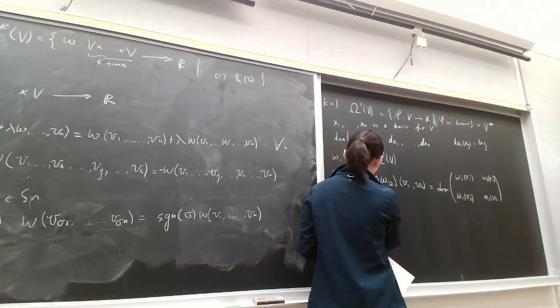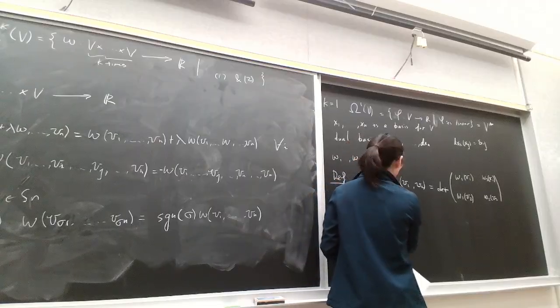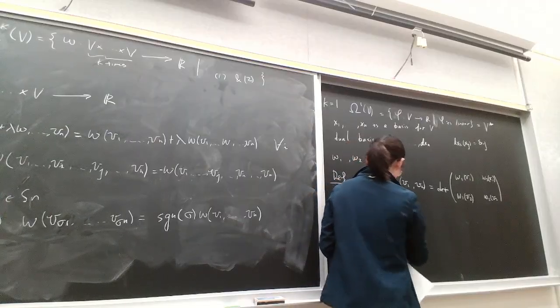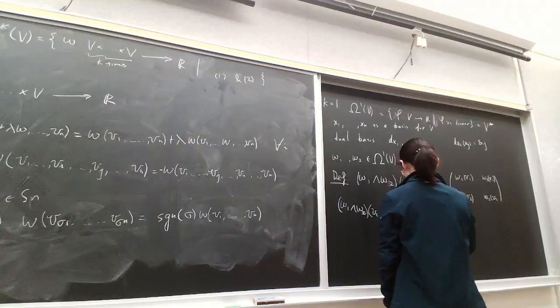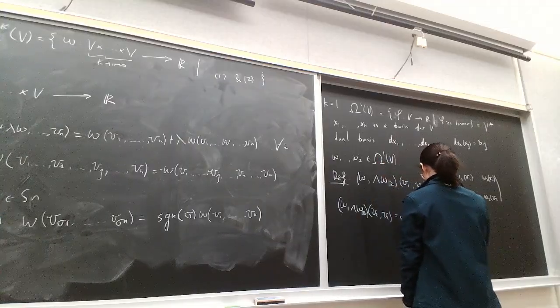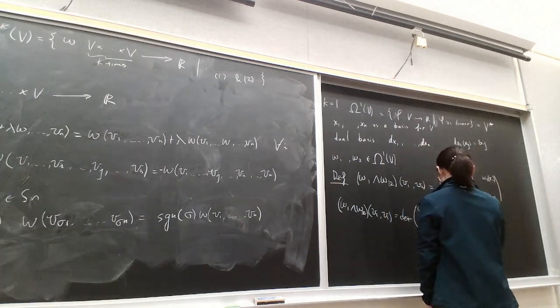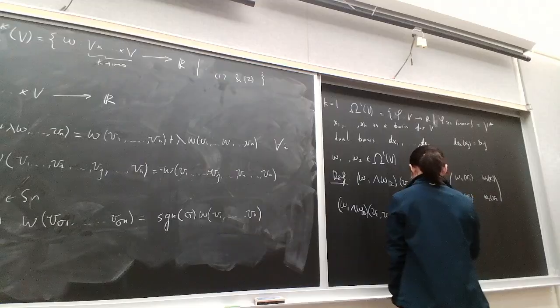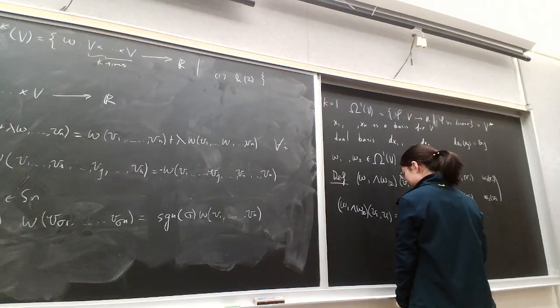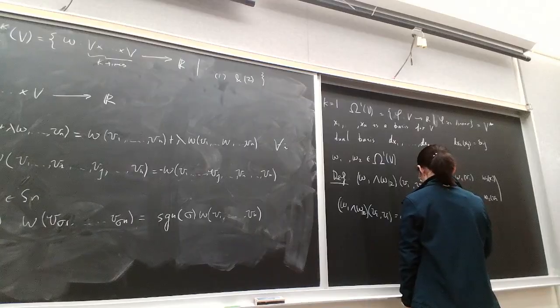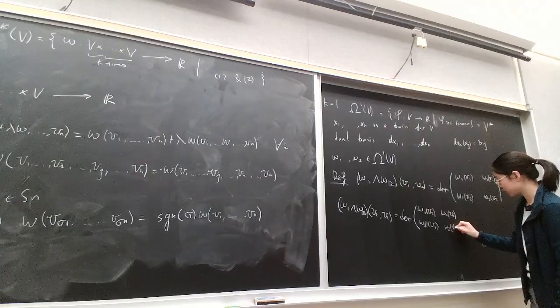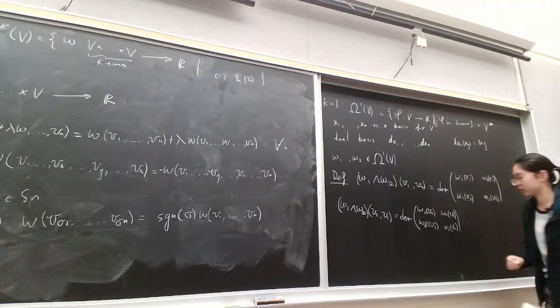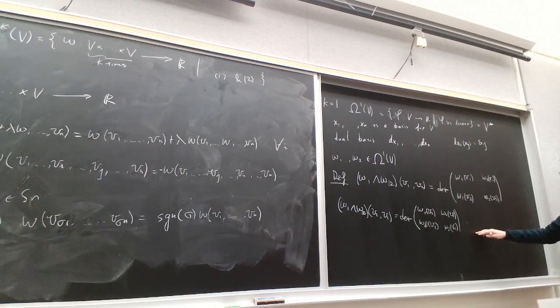Let's compute omega 1 wedge omega 2 applied to V2 V1, and this is equal to the determinant of the matrix.